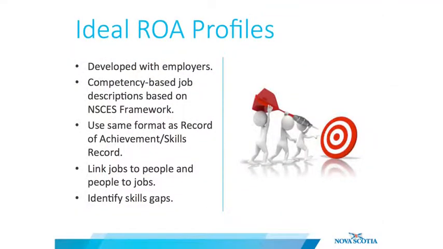So that's what learners will get at the end of this program. And then finally, before we talk about next steps, we are developing ideal ROA profiles with employers that take on the same shape as the skills record, so that you're able to match a competency-based job description that you develop with an employer, talking about the actual skills that are needed to do each and every job.